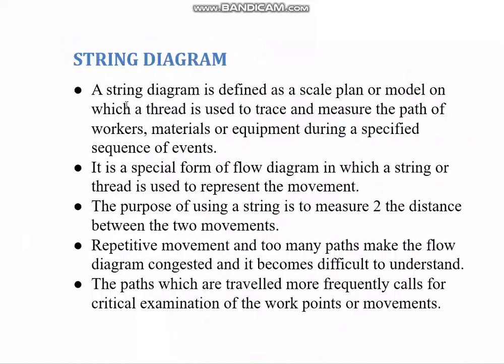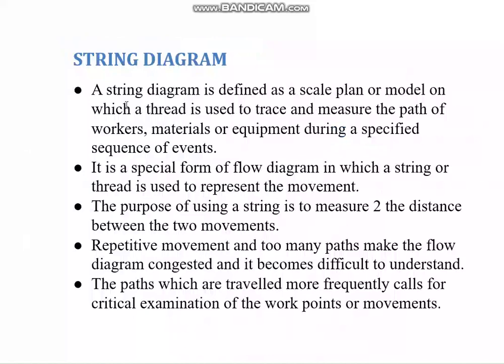A string diagram is defined as a scale plan or a model on which a thread is used to trace and measure the path of workers, materials or equipment during a specified sequence of events.